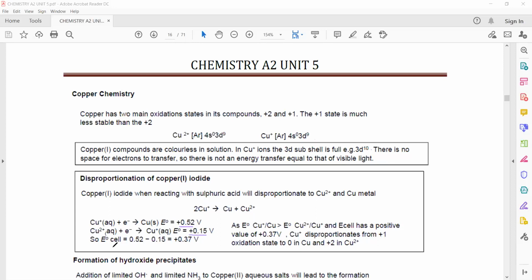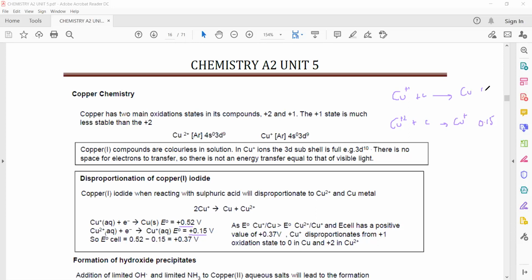In this reaction, copper 1 is gaining an electron and changing into copper atom, and for copper 2 to gain an electron and change to copper 1, the electrode potential is given as 0.15.